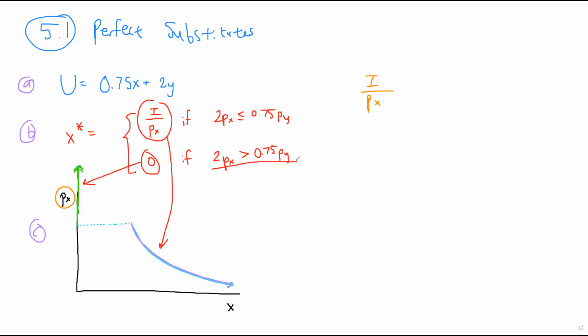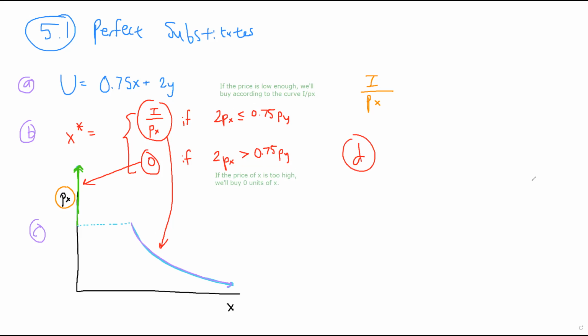If the price of X is too high, we'll buy 0 units of X. But if the price is low enough, we'll buy according to the curve I divided by PX. And what does PX look like? Looks like this guy. But if the price is too high, we buy nothing of X. Okay, hopefully that clears that up.